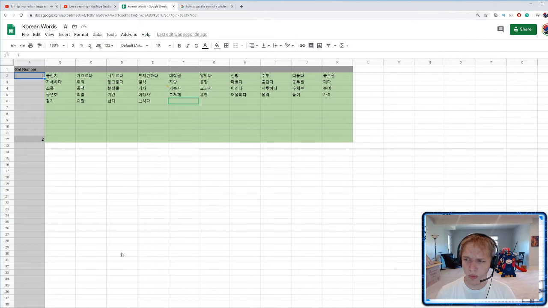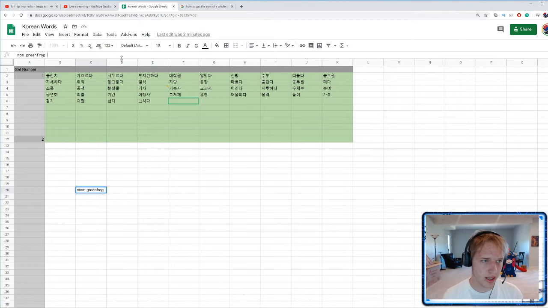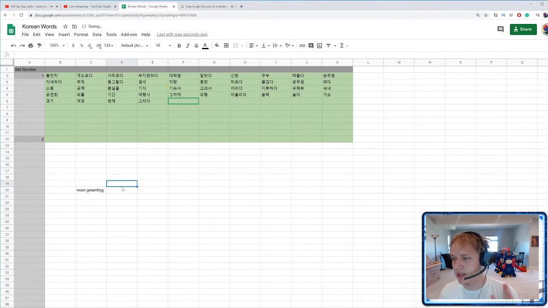Or you mean while it was written, like no spaces in between them? Are you talking about having a word look like this, mom green frog? Or having it be the individual pronunciation, like mom green frog?